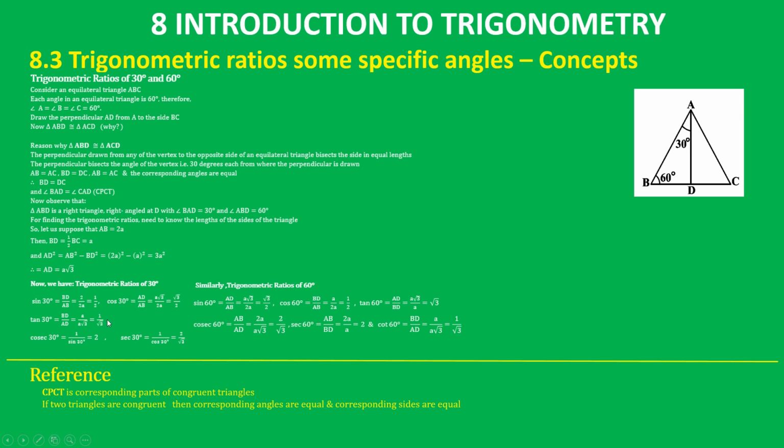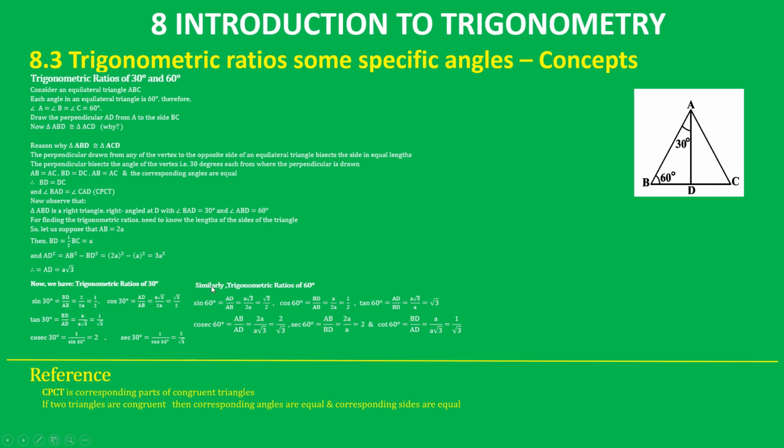Similarly, what we have to write? Cosecant 30 is 1 by sin 30, is nothing but 2. What is secant 30? Secant 30 is reciprocal of cos 30, that is 2 by root 3. And what is cot 30? I have not written here, but reciprocal of tan 30 is root 3, correct?